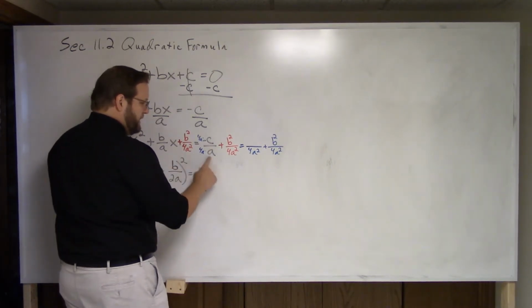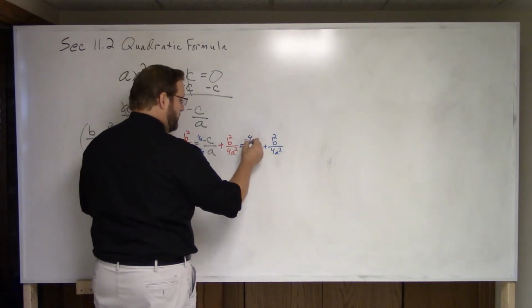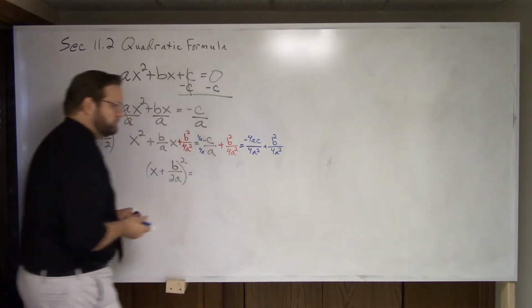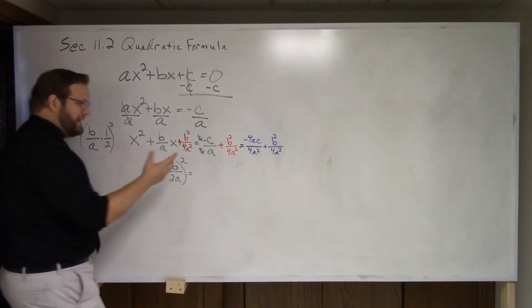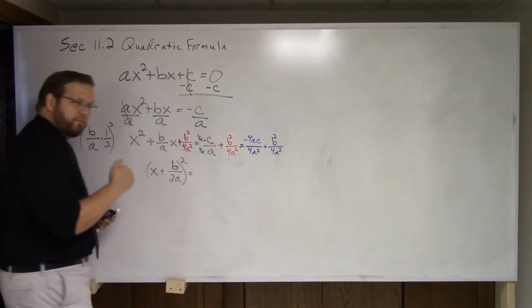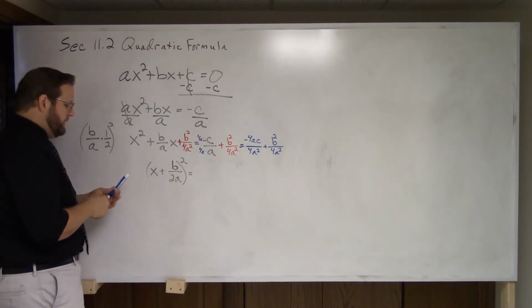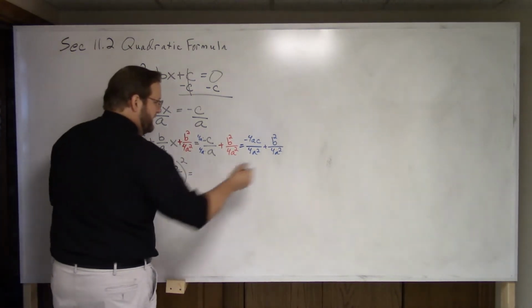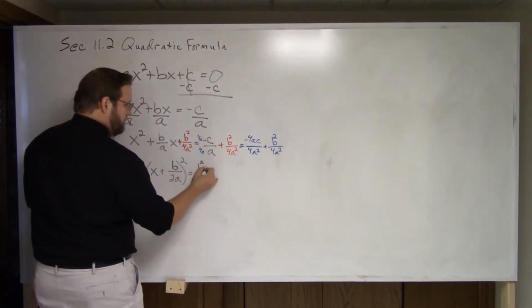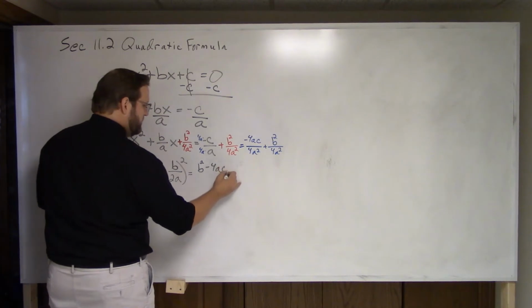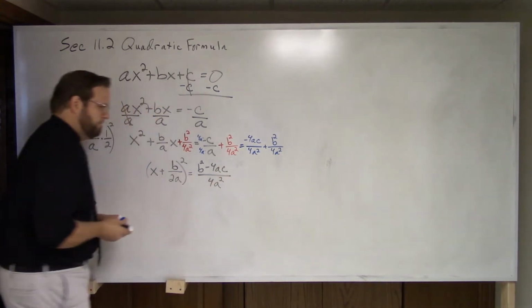So I get the 4a squared down here, and now on top I have a negative 4ac. Now, again, in the formula, we try to keep those negatives out of the front of an expression just because it's very easy to lose them. So what I'm going to do is combine this into b squared minus 4ac all over 4a squared.